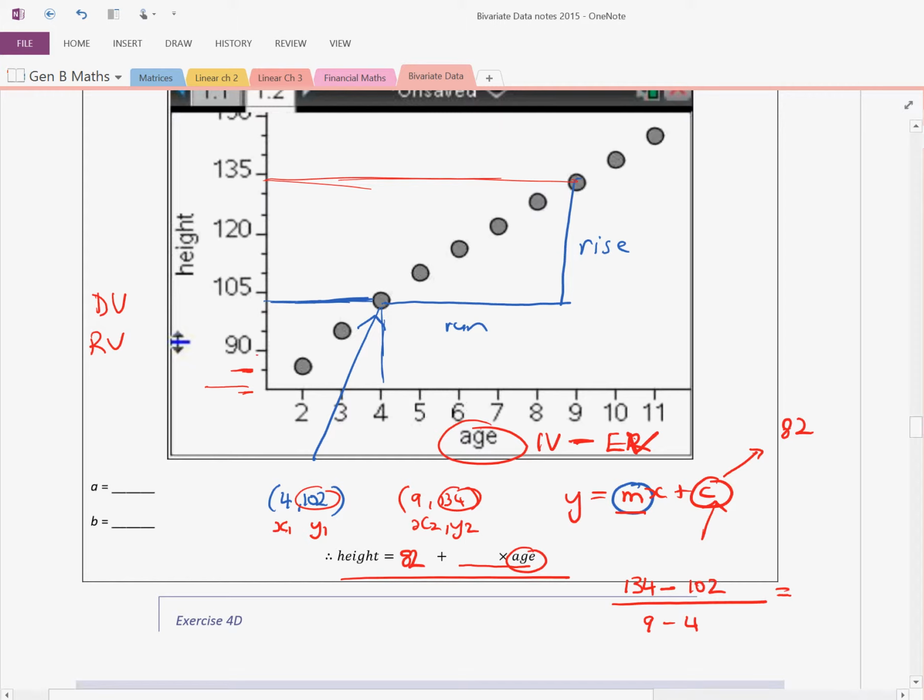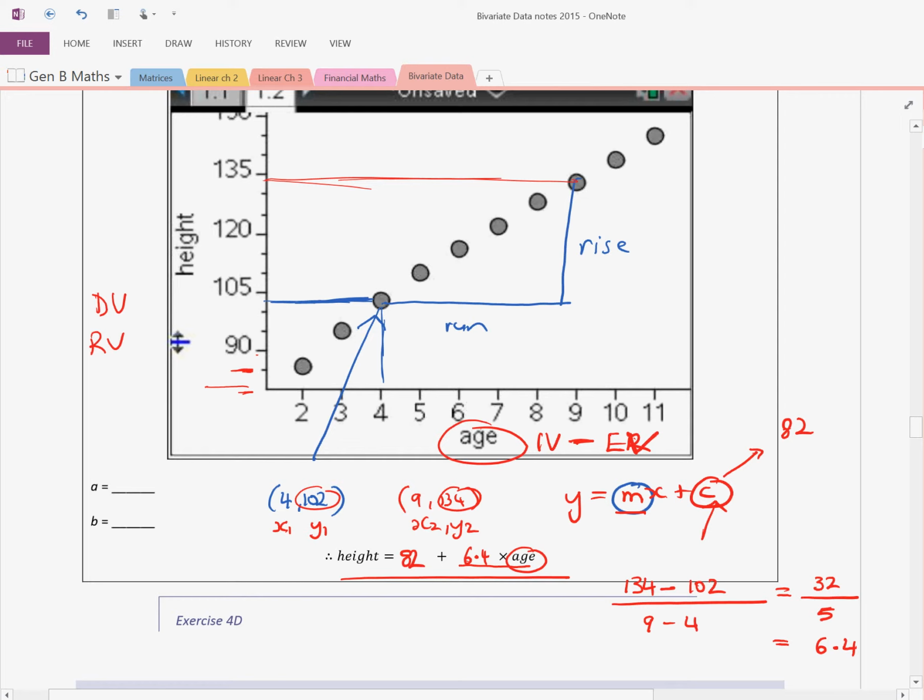I'm not going to use my calculator for that. That's 32 over 9 minus 4, which is 5. Now I'm going to do that in my head. That's going to be 2/5 is 0.4. So that's going to be about 6.4.